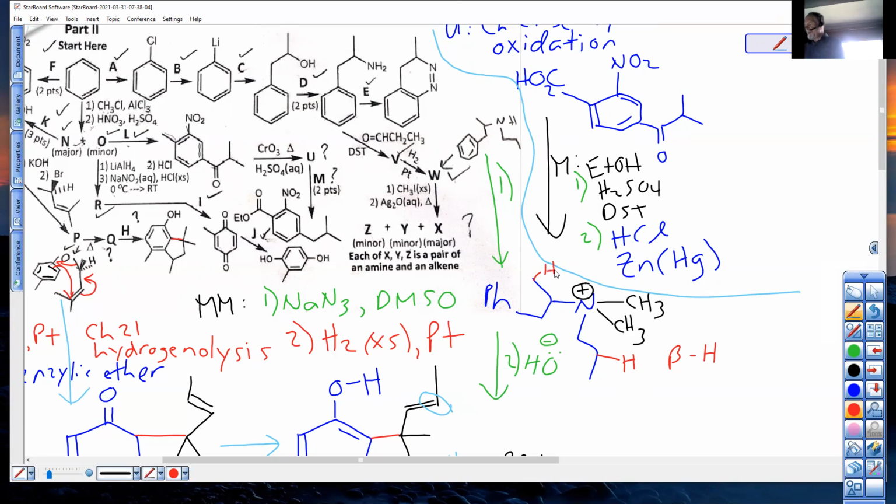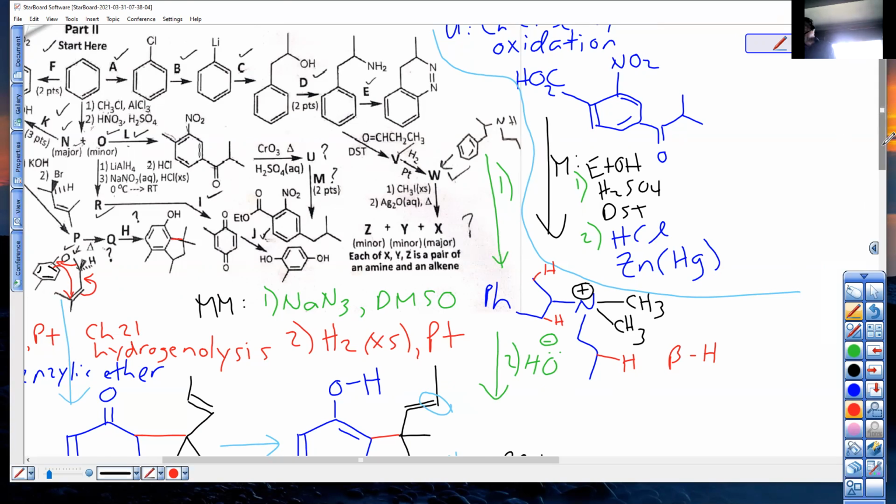Those are your candidates for elimination right there. Oh, I got another one. Three candidates for elimination. Hey, 3 products. Coincidence? No. Each XYZ is a pair of an amine and an alkene.